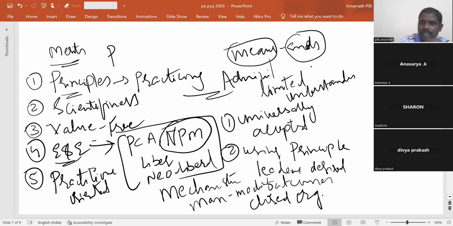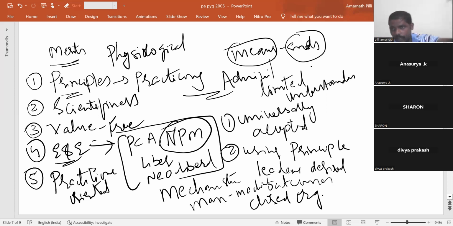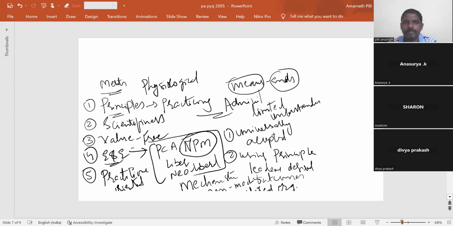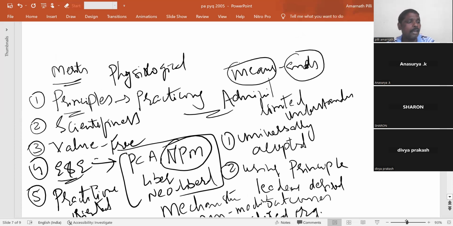Even in scientific management theory, it was Taylor who adopted a physiological approach to bring out the principles of scientific management, which were used in public administration. That is the reason why we say there is a limited understanding of organizations for bringing out the principles.